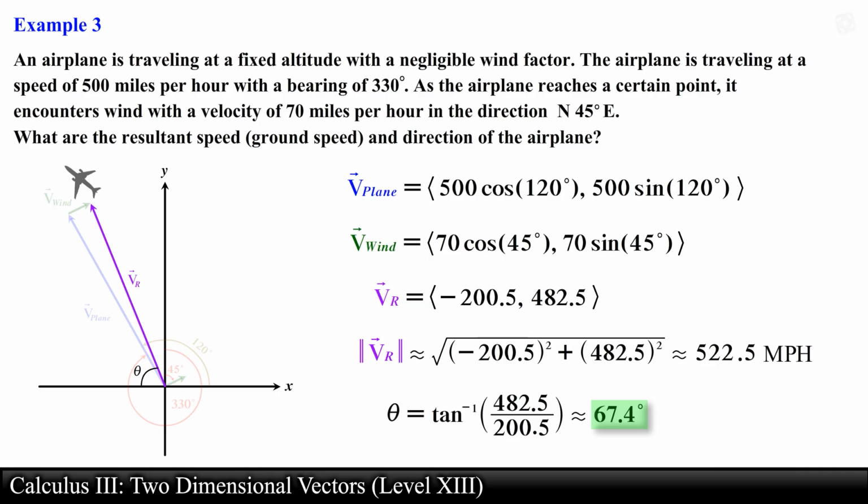But we need to adjust this angle. Adjusting the angle and using the standard conventions used in air navigation, we obtain 337.4 degrees. So the new speed of the airplane will be 522.5 miles per hour at a bearing of 337.4 degrees.